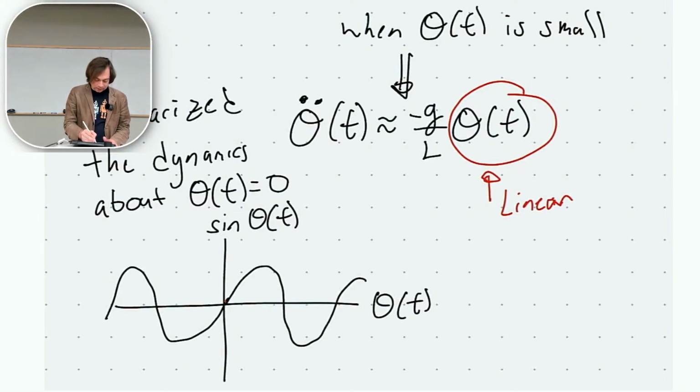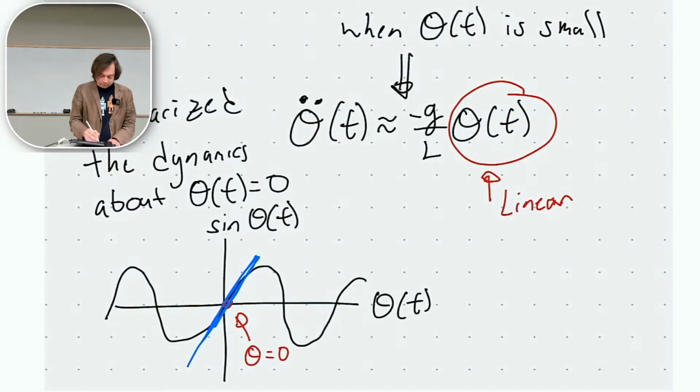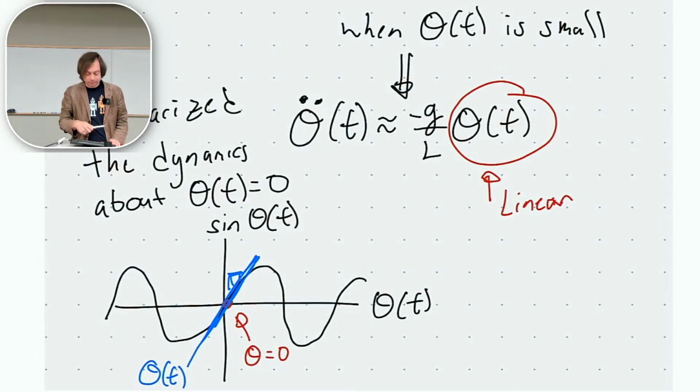But at this point where theta equals 0, if you were to draw a tangent line at this point, that tangent line is basically a one-to-one, that's just equal to theta of t, meaning it's just a diagonal line, okay?